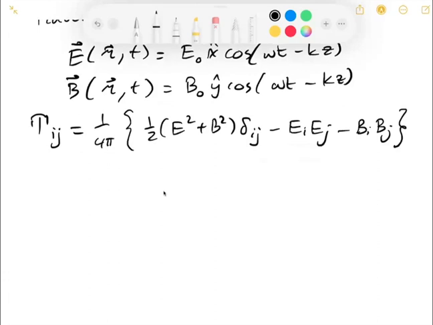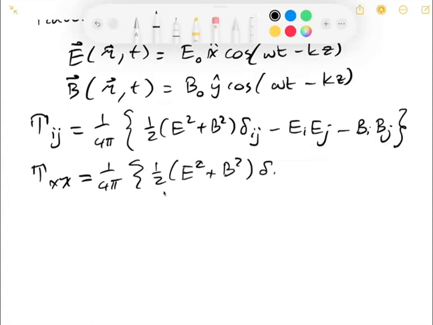So when we do Txx, we don't have a B component, so we just have 1/4 pi times 1/2 (E squared plus B squared) delta ij minus Ex squared. And of course, this is Ex squared, and B squared is By squared. But by the property of this being an electromagnetic wave, this thing is actually Ex squared, right?